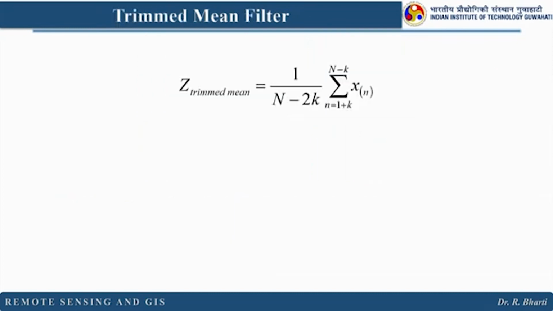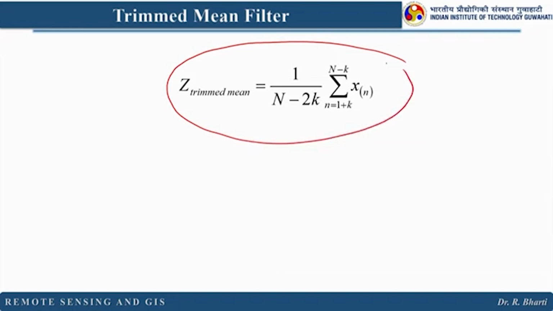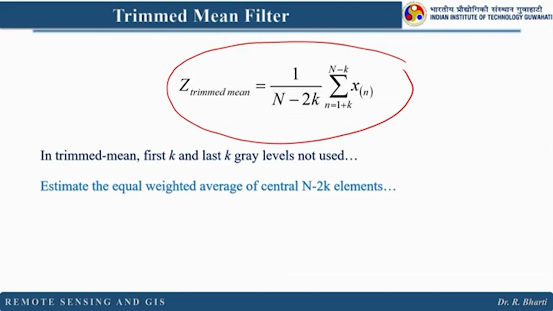But what if you have to use the mean filter only? Then you can use the trimmed mean filter, where the first k and last k gray labels are not used, right? And you estimate the equal weighted average of the central n minus 2k elements.